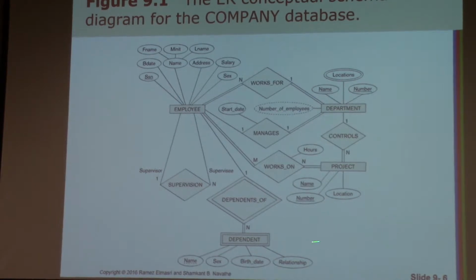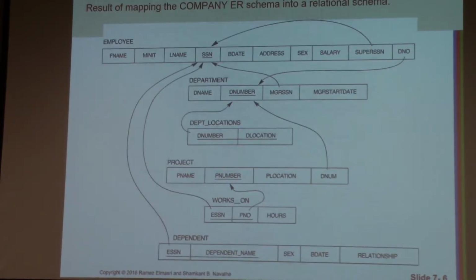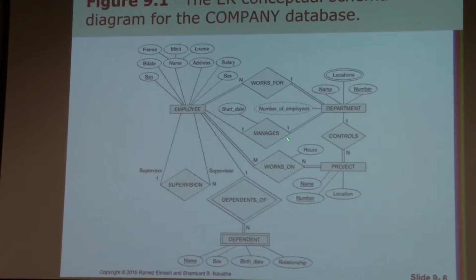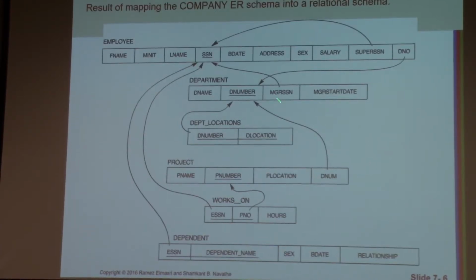So this is the ER diagram, and this is the relational schema for that ER diagram. However, I don't think it's a good idea to do homework right now. This is more important, worthwhile to pay attention to the lecture. So this is our goal. Today we are going to discuss how to map or convert this one into this one. That's a simple thing.